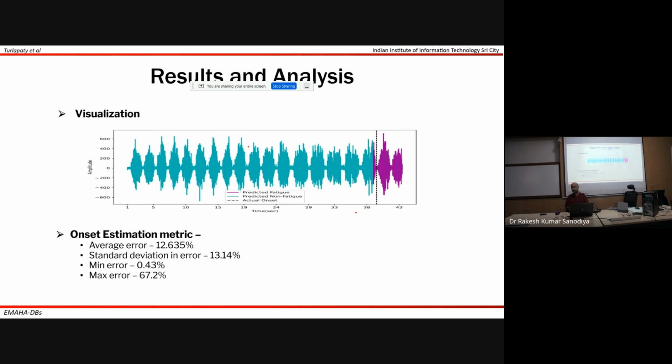The best is 0.43%, which is very good, but the maximum is 67%. The standard deviation is also 13%, so still there's a lot of work to be done here. The main challenge is that there are no existing methods which can be used off the shelf. We have to develop everything from scratch.